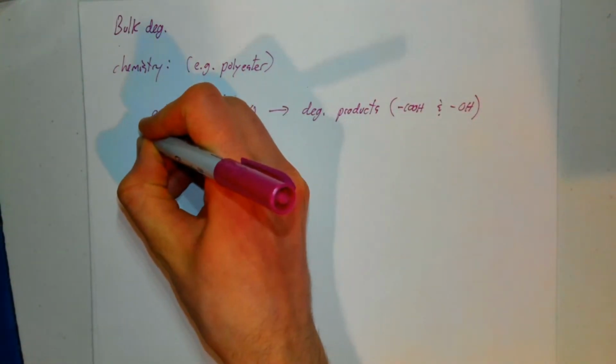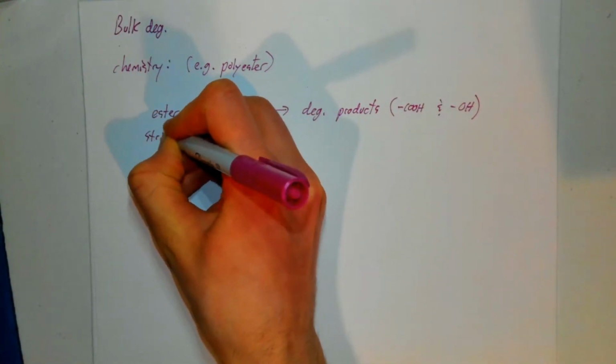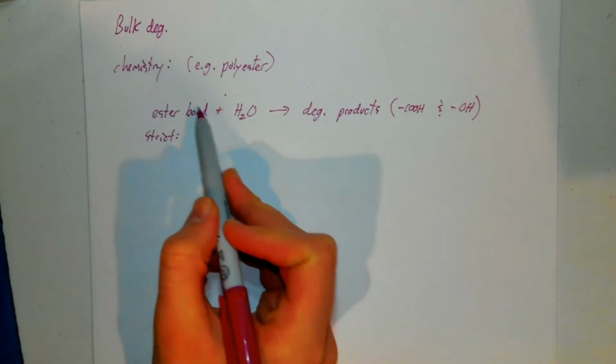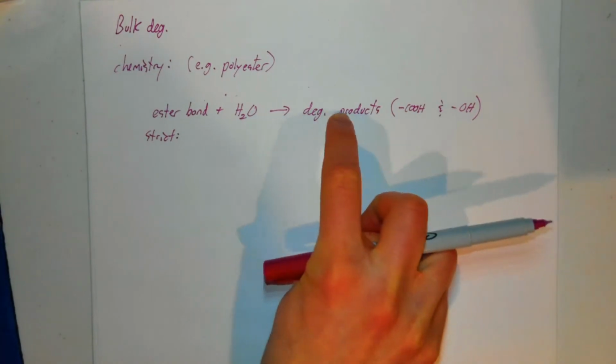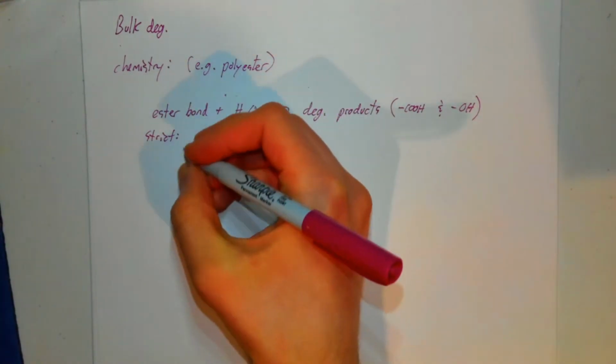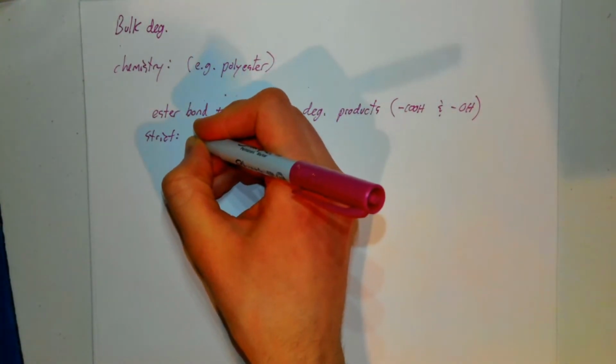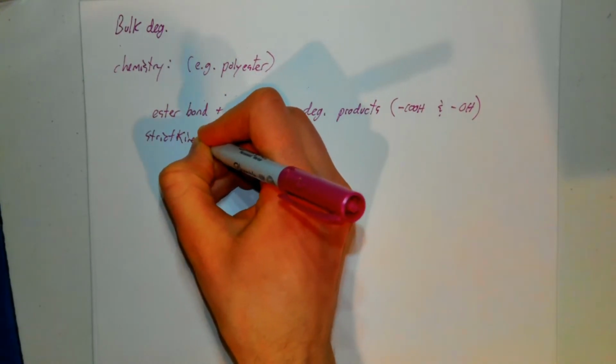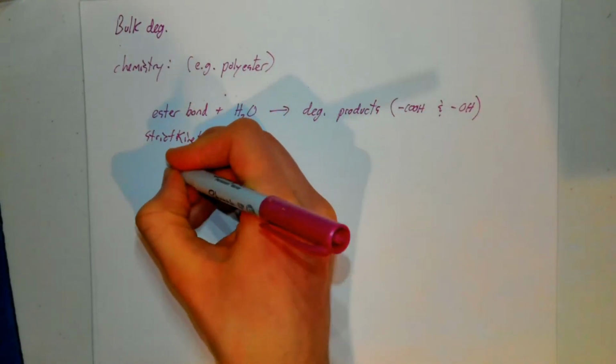And if we wanted to be strict with our chemistry, anytime you have two things that react with one another in an elementary reaction that forms a product, if we want to be strict with our kinetics, it would look something like this.